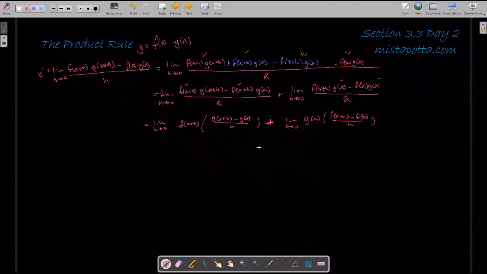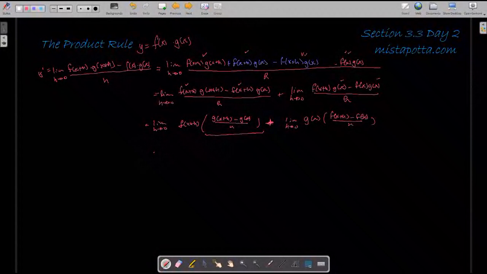And I'm starting to notice some things coming together. First, this term here looks suspiciously like a derivative of the function g.